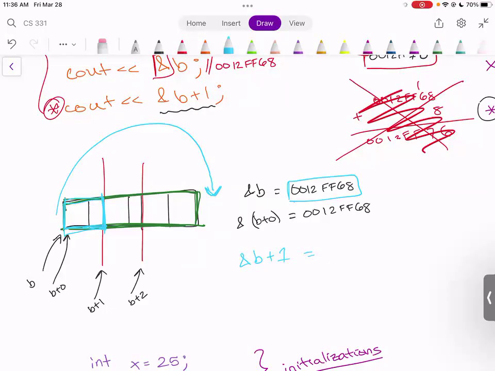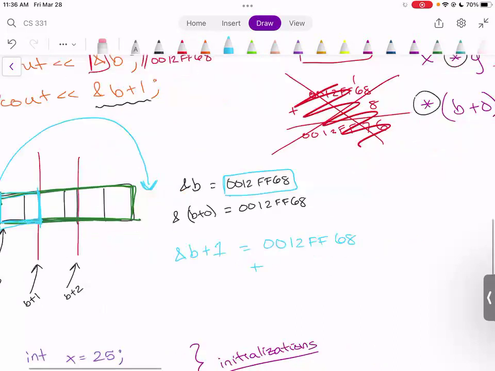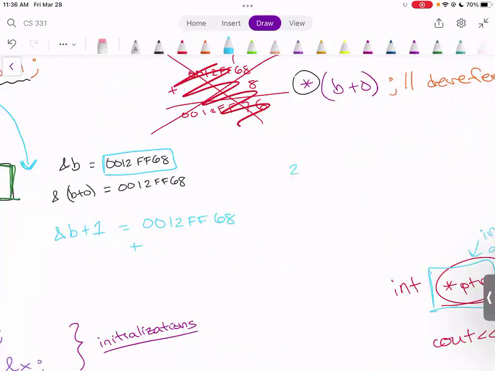It doesn't matter. So this would basically be plus 1, add that by 24? Exactly. So here I'm adding 0, 0, 1, 2, FF 6, 8 plus, now I'm not adding 24 because I have to do it in hex. So you would convert it first, right? Exactly. So 24 in decimal equals what in hex?